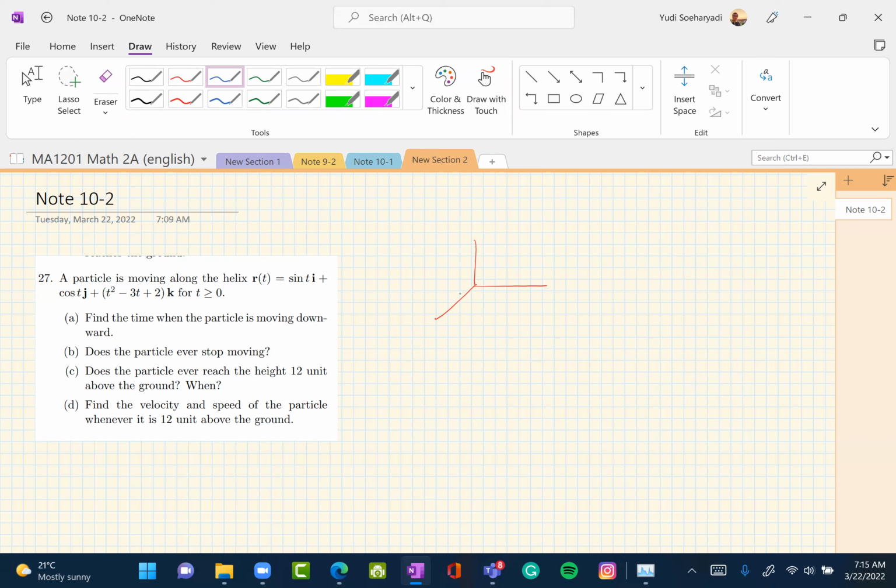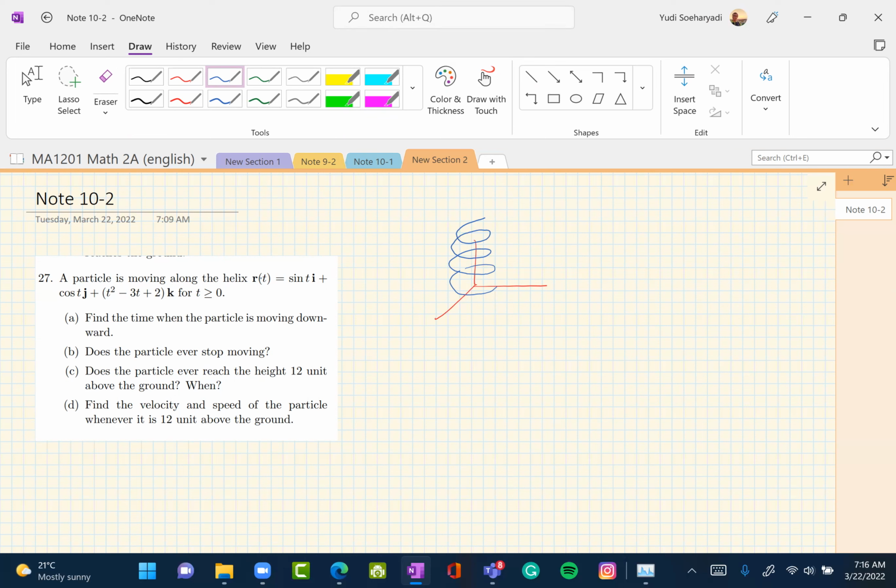Let's start from sine. Sine must be 0 here. Something that looks like this one. Okay, so that's a helix. All right, so let's see here. R is the position.